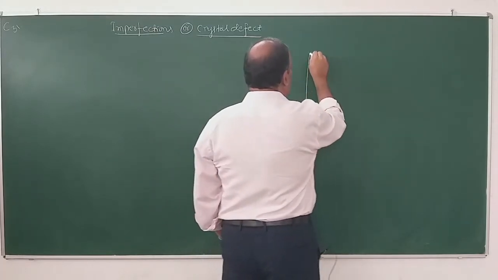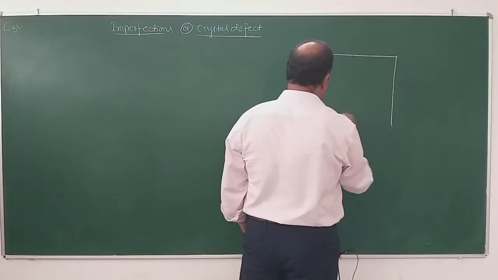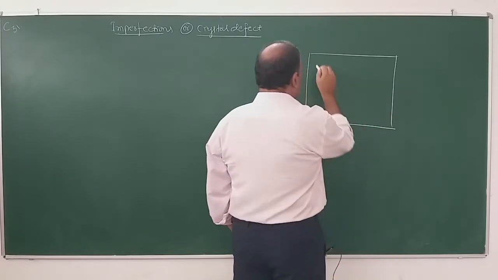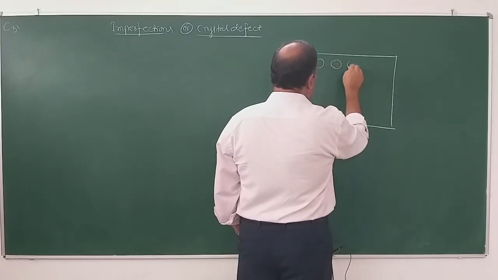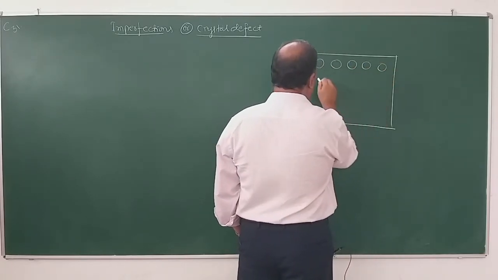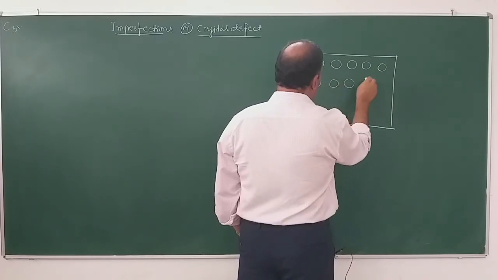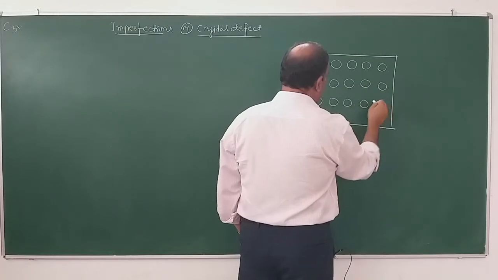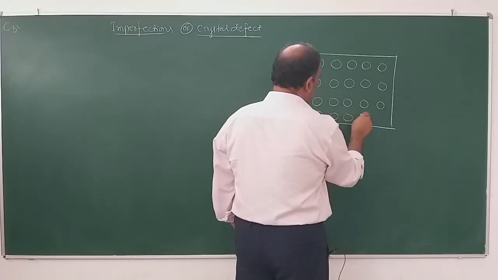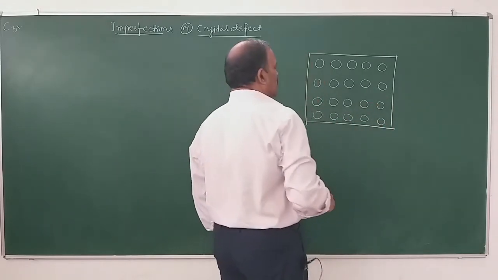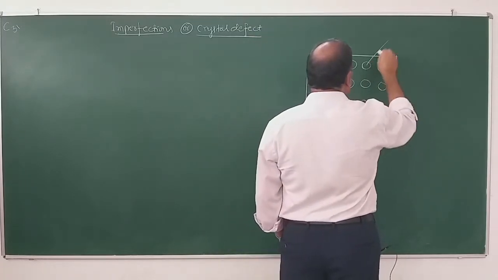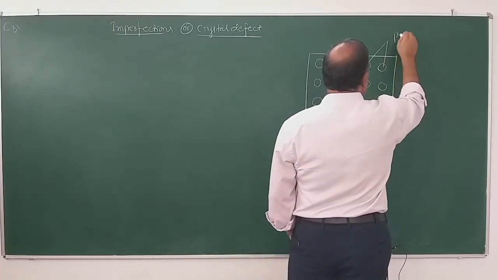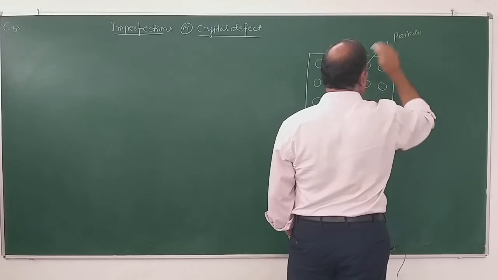We know in a crystalline solid, the particles are arranged in a definite pattern in three-dimensional space. So suppose this is a crystal. So these are called particles.